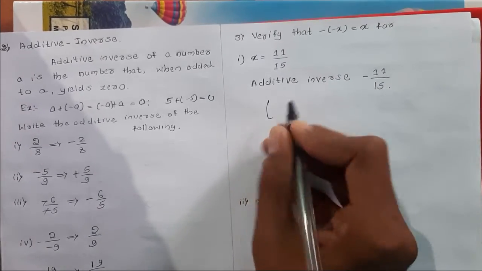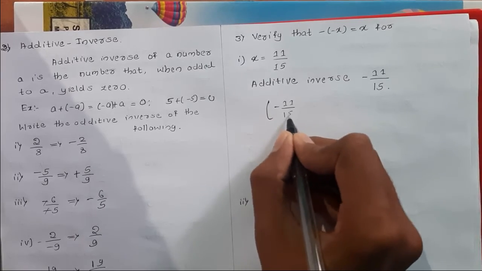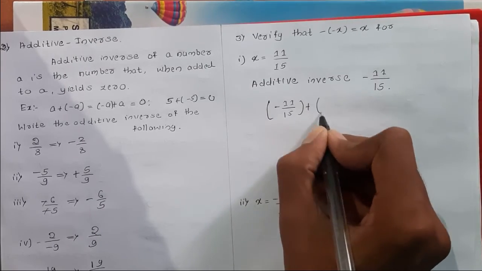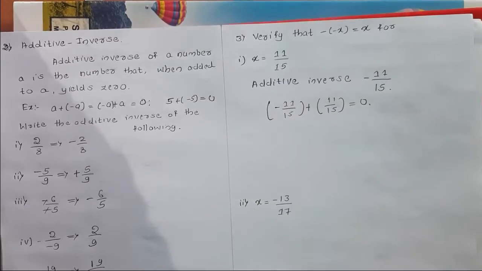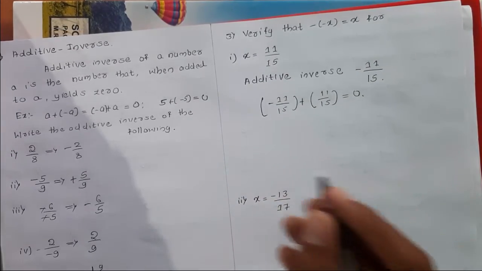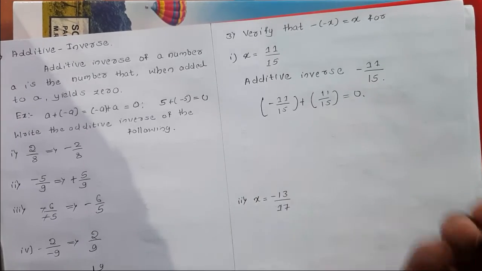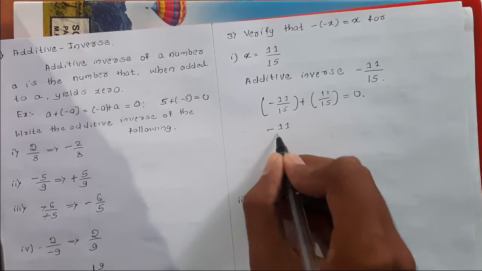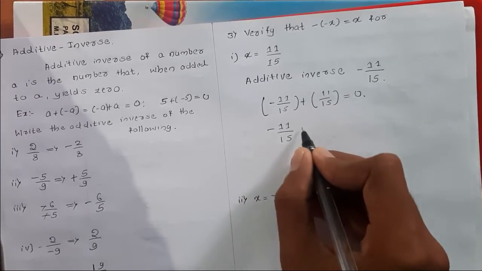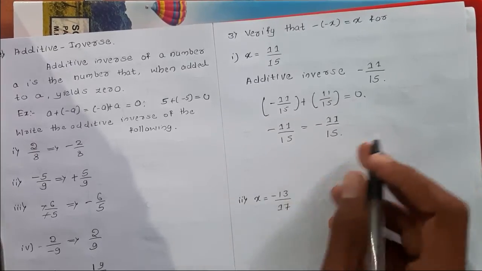Then additive inverse principle is minus 11 by 15 plus 11 by 15 equal to 0. You have to go next. Minus of minus 11 by 15 is equal to minus 11 by 15. Right hand side the sign gets changed.